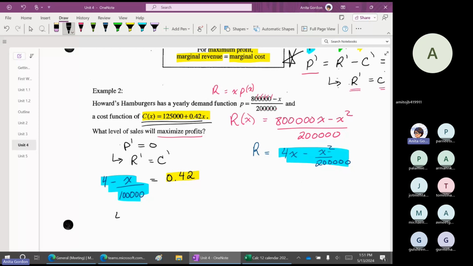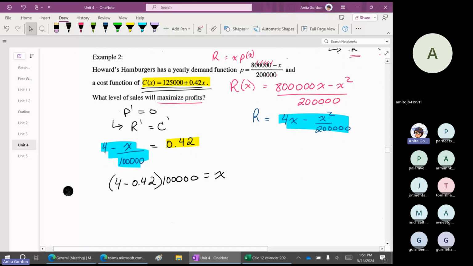So I will have 4 minus 0.42 times 1, 2, 3, 4, 5 zeros equals X. How many burgers are we selling? A couple? Yeah. This is in a year. How many burgers are we selling in a year?